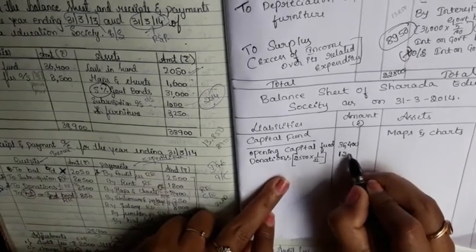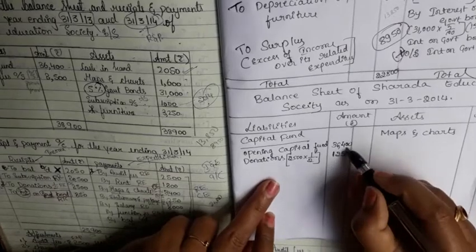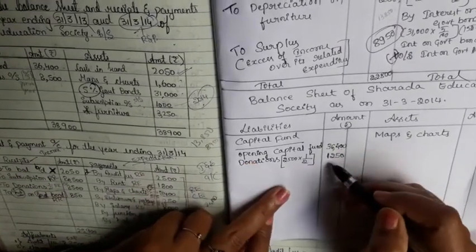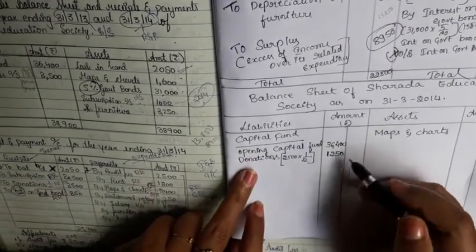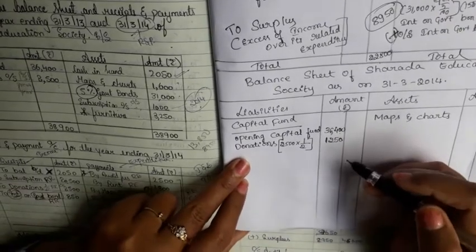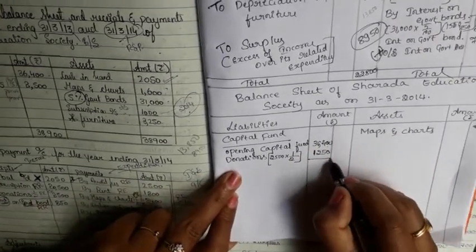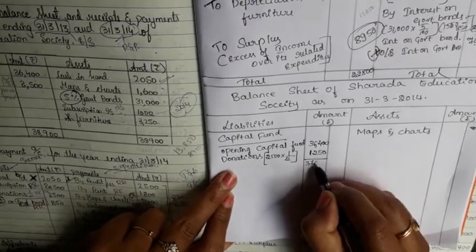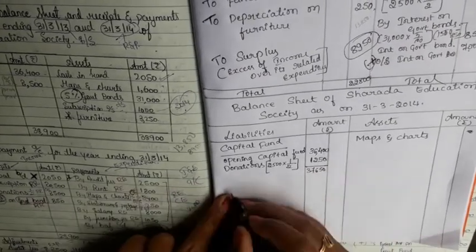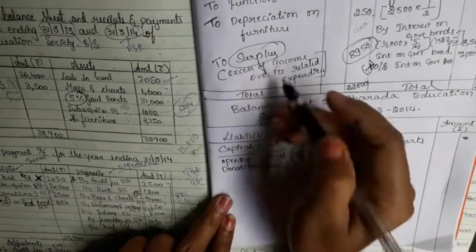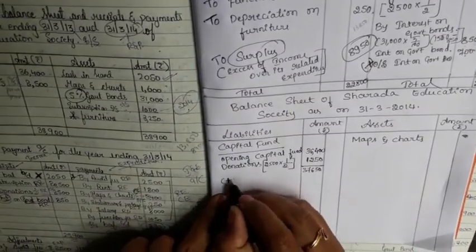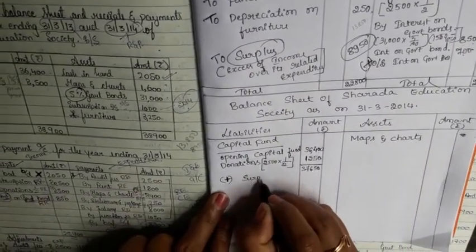That is 1,250. 36,400 is opening capital fund, 1,250 is donations. There is no other information regarding the capital fund. So the total amount is 37,650 rupees. We need to add the amount of surplus to the capital fund.